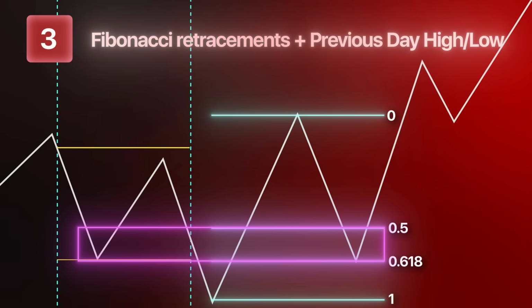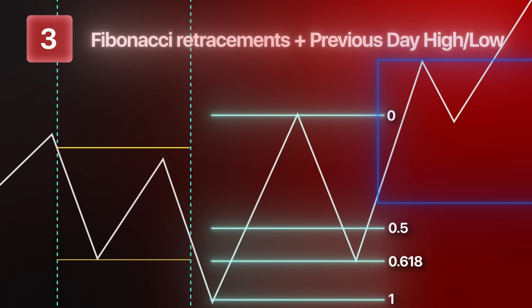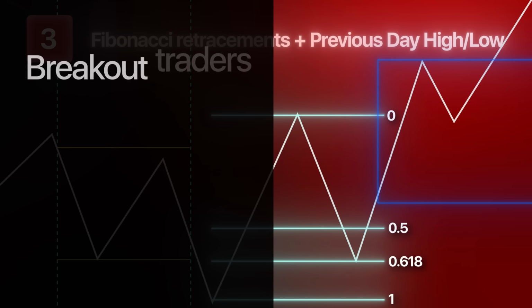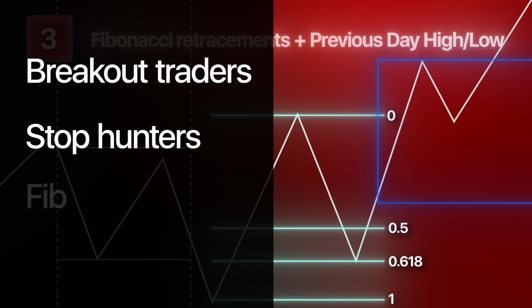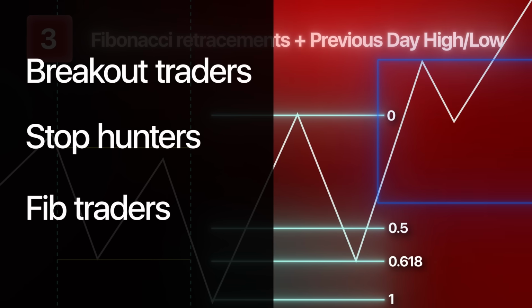That's not just one reason to watch. That's 2 layers of liquidity stacking on top of each other. In practice, these setups often explode because they've got breakout traders, stop hunters, and Fib traders all piling into the same zone. You will have an aggressive movement from this area. But first, let's see what it looks like on the charts.